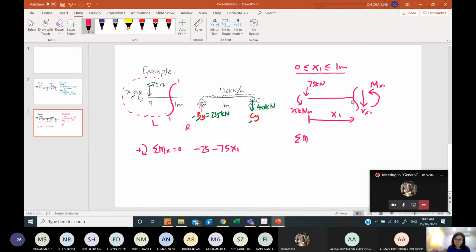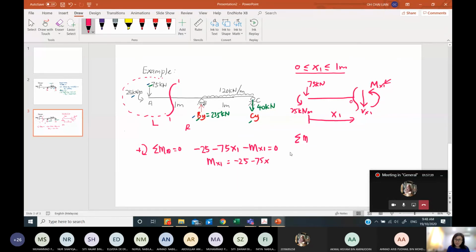We are taking moments about this point O. Another moment involved in this free body diagram is this Mx1, also negative because of the direction, equal to 0. Now you can get the equation for Mx1, which is negative 25 minus 75x.